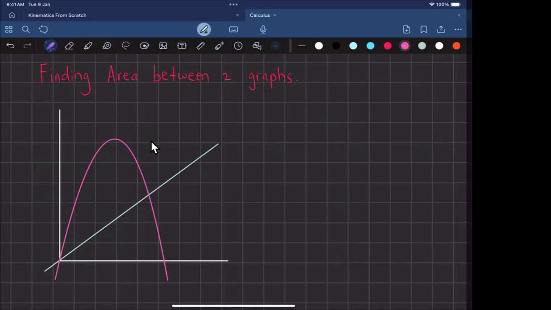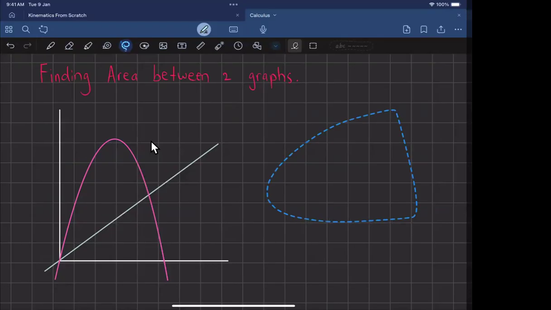So I have two graphs here. One is a what and one is a what? What kind of graph is this? It looks like a bend.